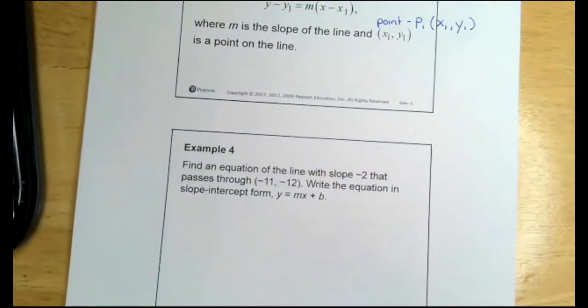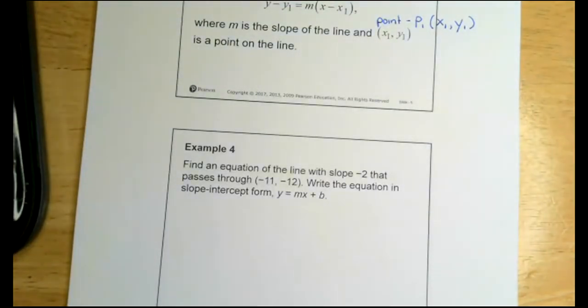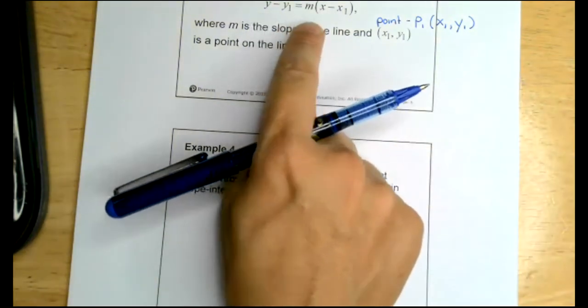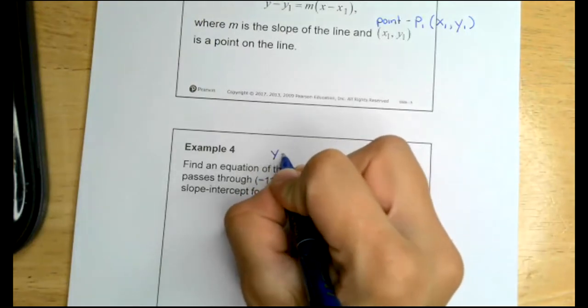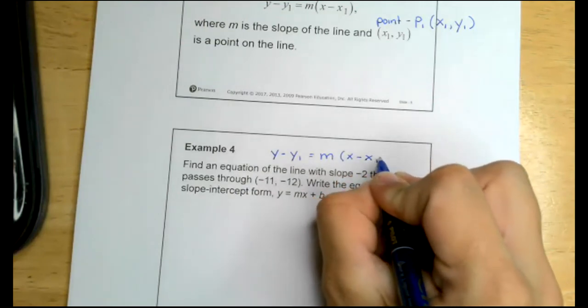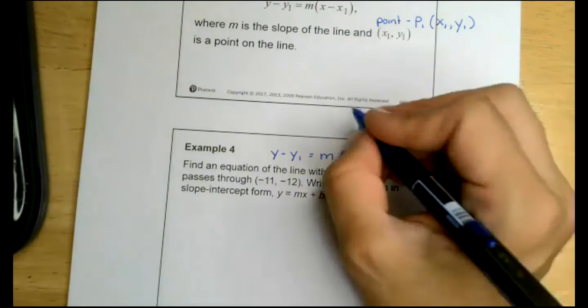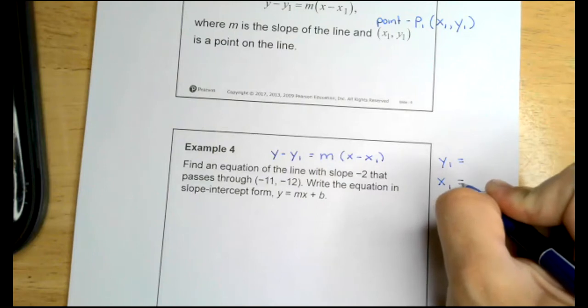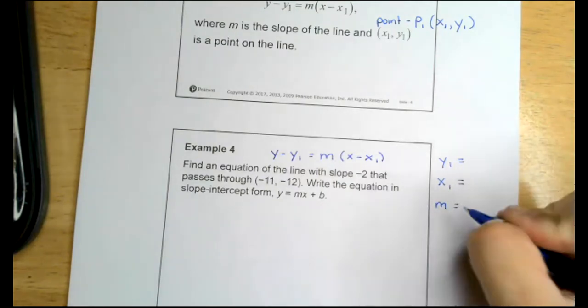Find an equation of the line with slope -2 that passes through -11, -12, and write the equation in slope-intercept form. Okay. So for this point-slope form, y minus y1 equals m times x minus x1, we need to know what is y1, what is x1, and what is m, right?